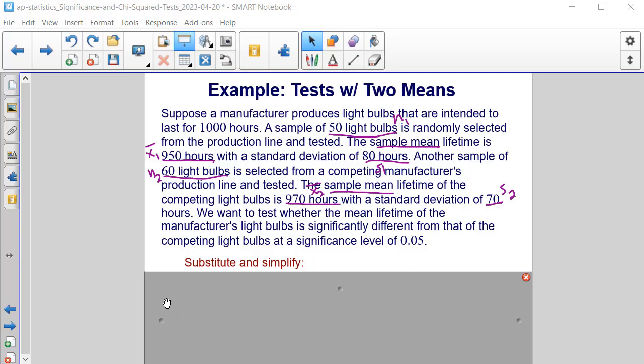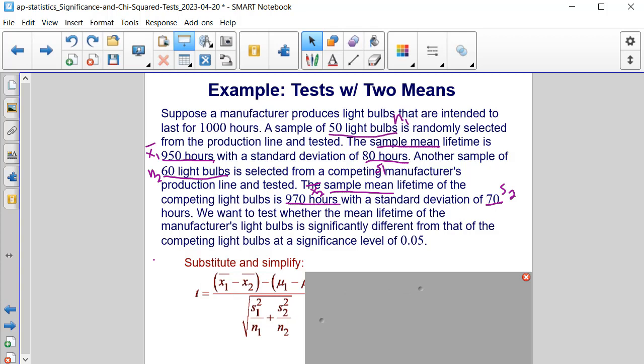The next step is to substitute our data values into our formula and simplify. Again, we have our formula, and now we know that our mean for set 1 is 950 hours, so I'm going to substitute that in for x sub 1. Similarly, our x sub 2 value is 970, so we substitute that in.